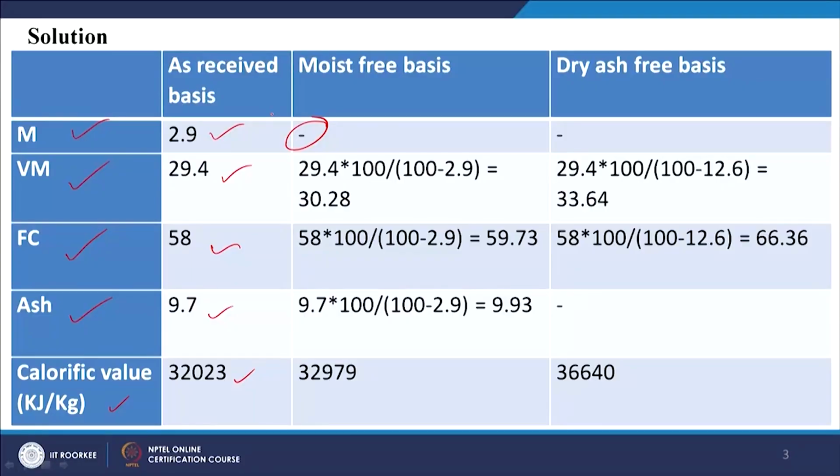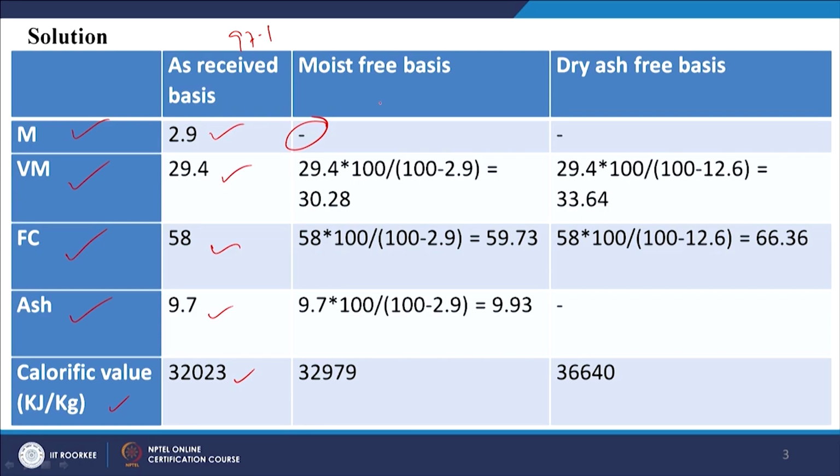Now, if I want to convert these values to moisture free basis, that means we are excluding the moisture. So, this moisture will not be available in this case. So, how much we are having? Total mass will be this one. Out of 100 we will be having 100 minus 2.9, so 97.1.